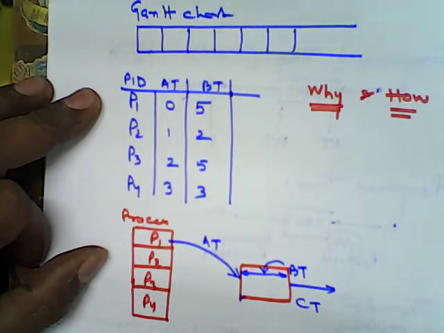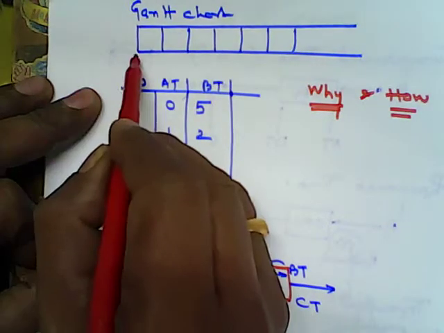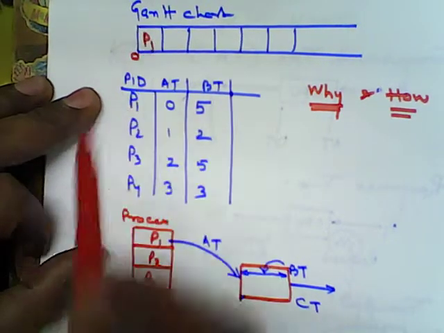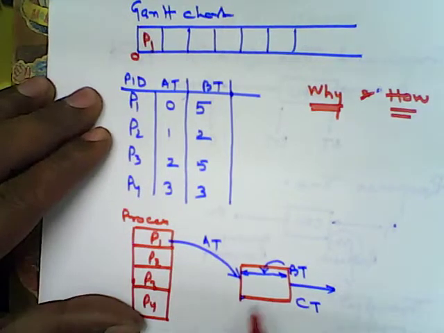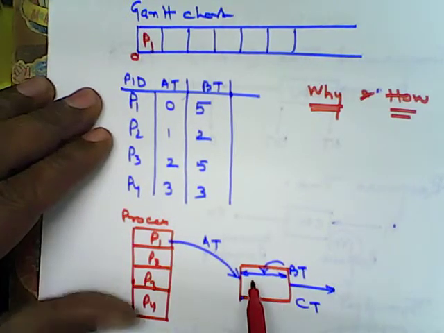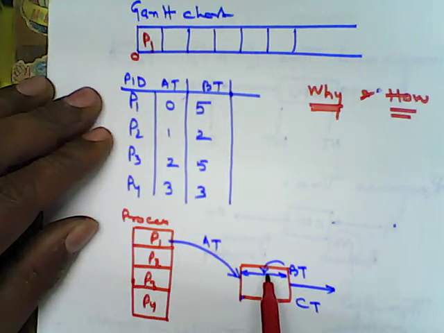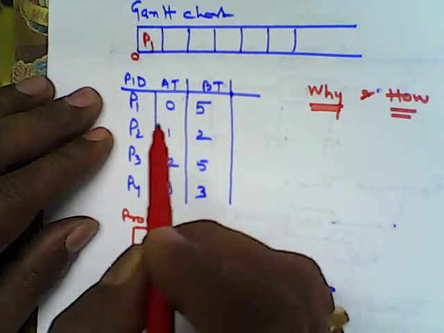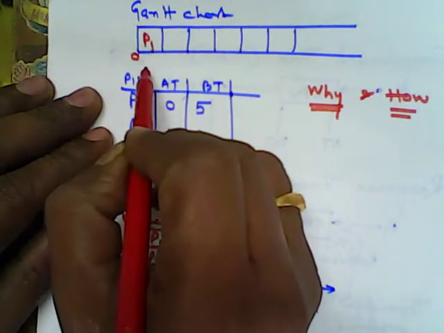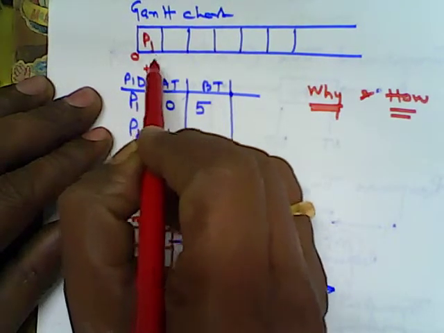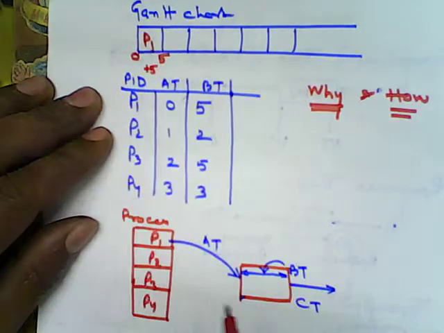Now how much time the process needs to compute, with respect to the burst time, is 5 units. So 5 units means I can add plus 5. So it produces an ending at 5. That means the process terminates after executing for 5 units of time.